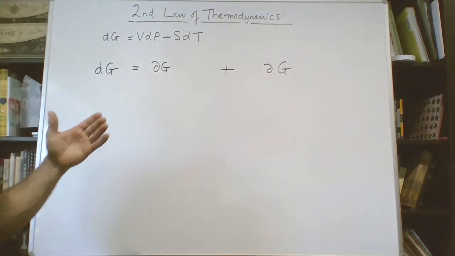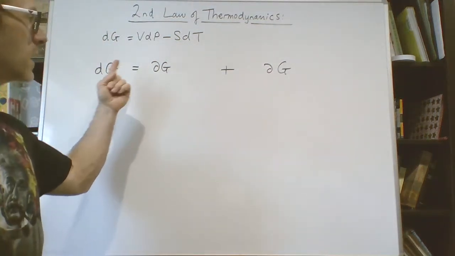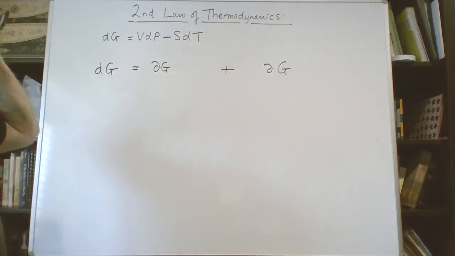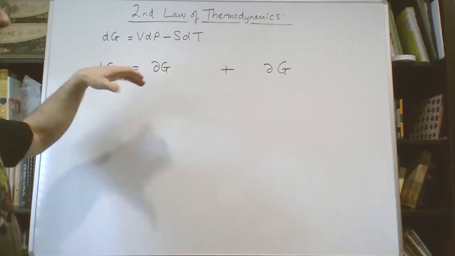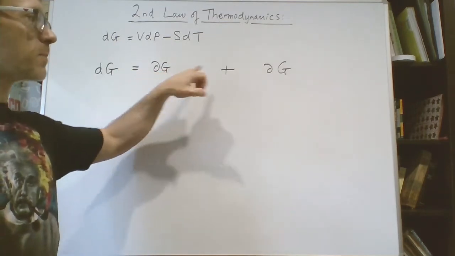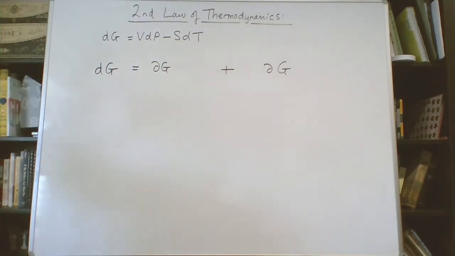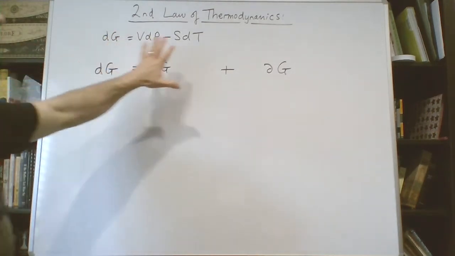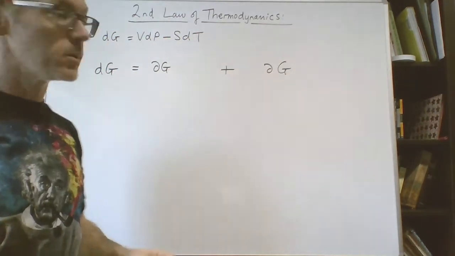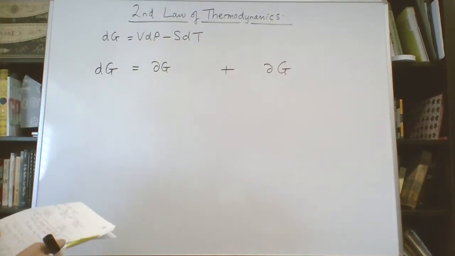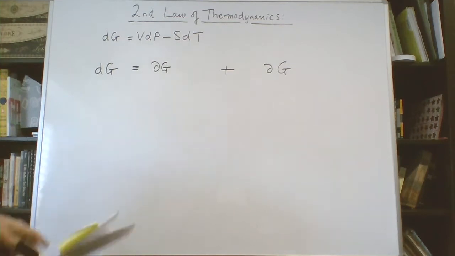So I'm just making an expression that the total equals the sum of the parts. The total I've written with a regular d, the parts I've written with an italicized d, a fancy d, a partial d. So the total is the sum of the parts. That's a reasonable expression. And I want to vary the parts.